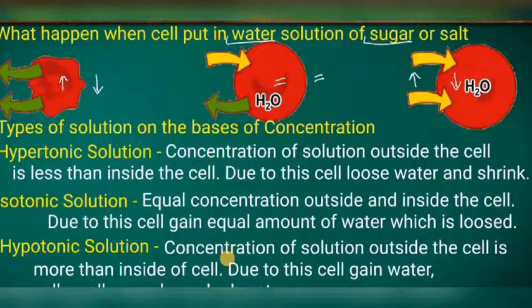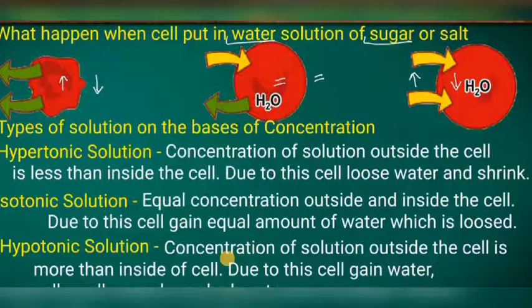The third one is the hypotonic solution. The concentration of the solution inside the cell is more than outside of the cell. Due to this, the cell gains water. As we studied, water moves from high concentration to low concentration, so the water comes inside the cell. What happens if water comes inside the cell?